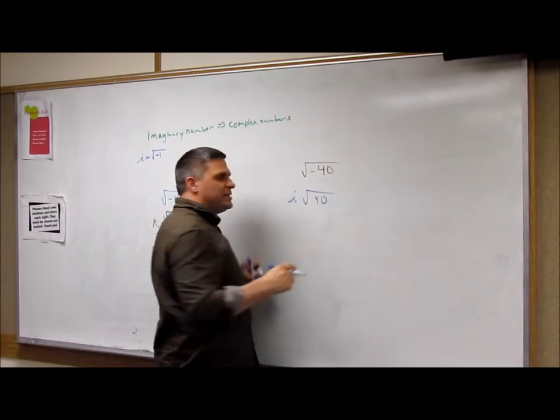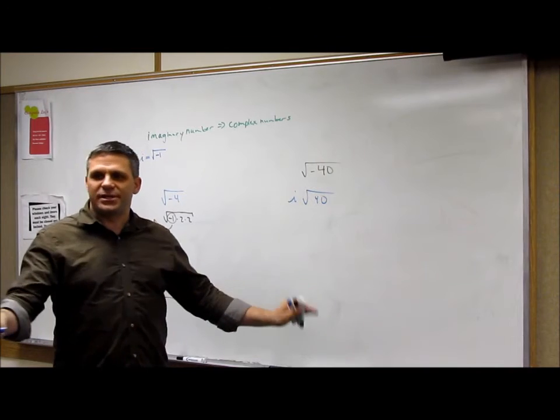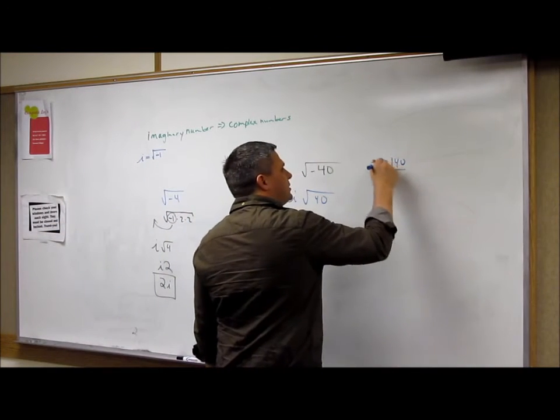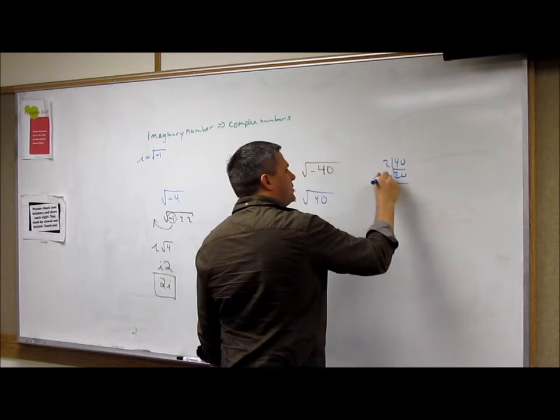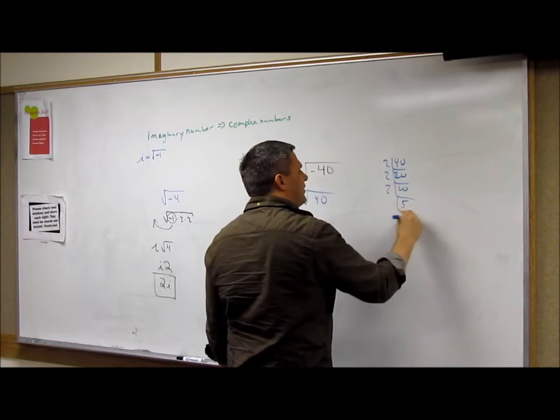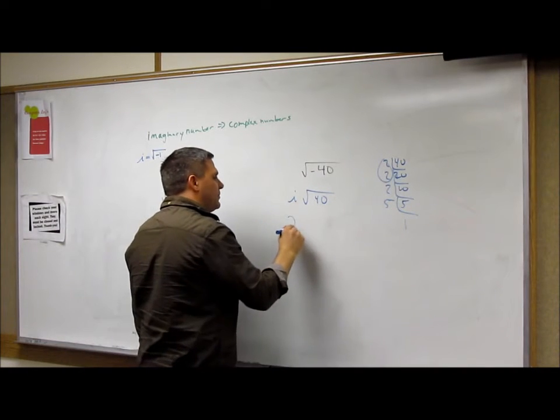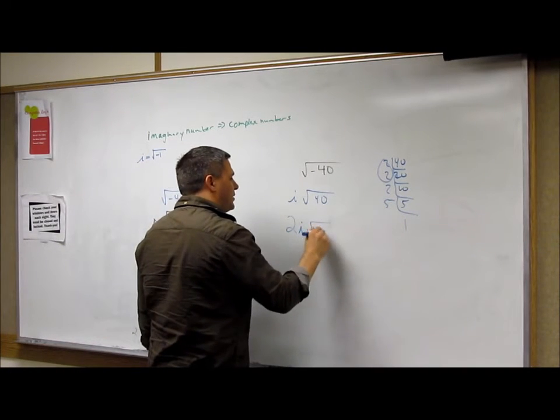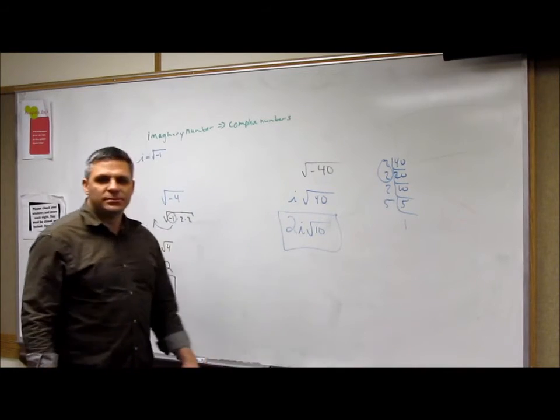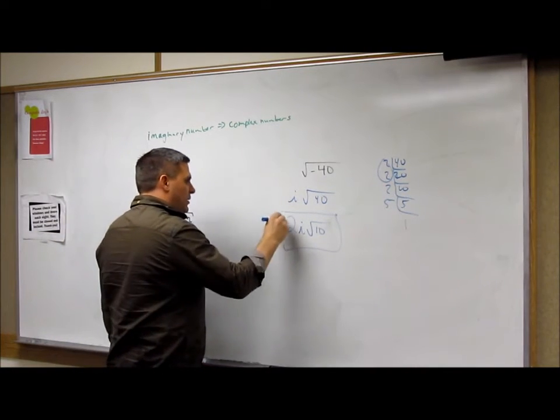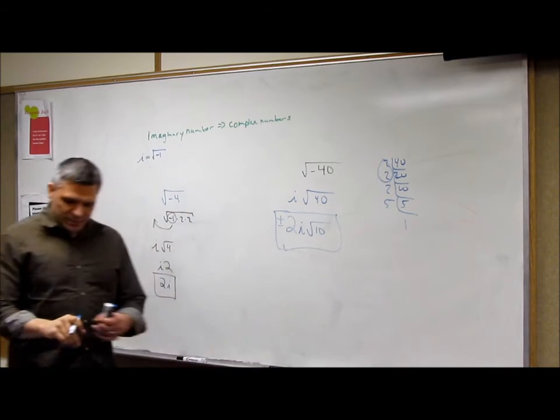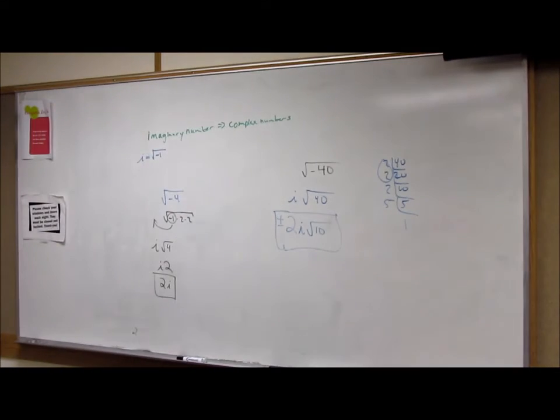Now it's positive, and I treat it the same way. 40 is 2 and 20, 2 and 10, 2 and 5. I get to pull out one 2 from the pair of 2s, so we have 2i square root 10. And believe it or not, it's plus or minus 2i square root 10. So now we're learning about that whole plus and minus thing. That's how we deal with those.